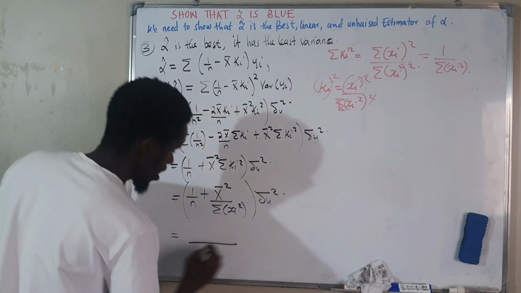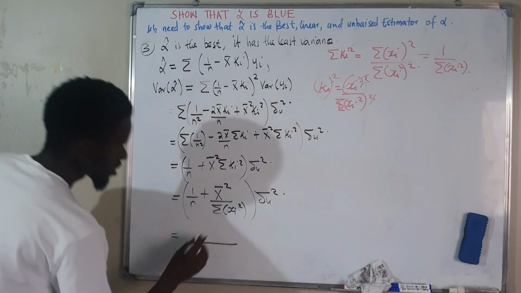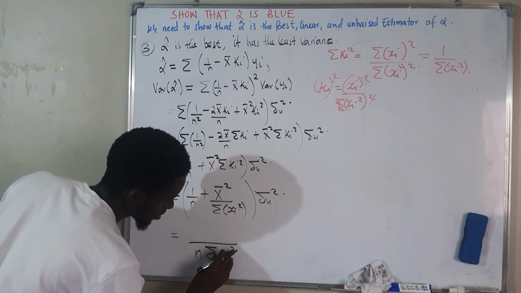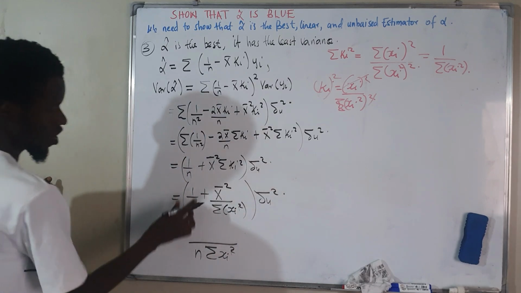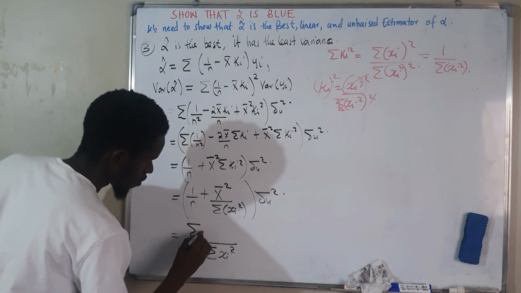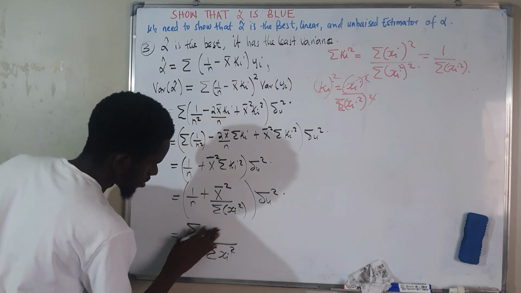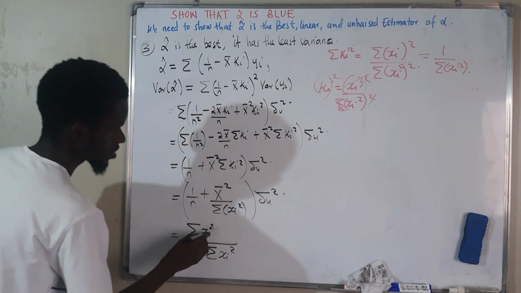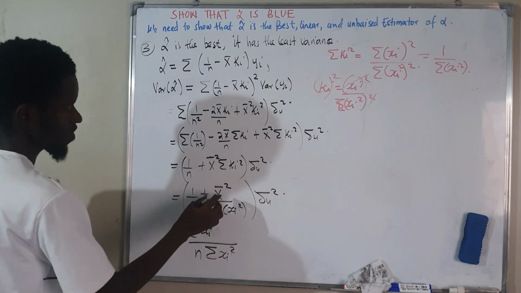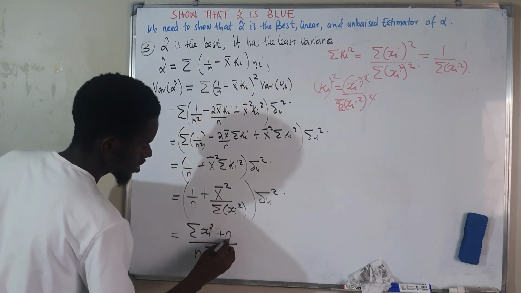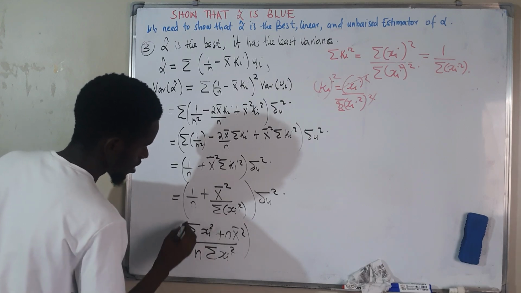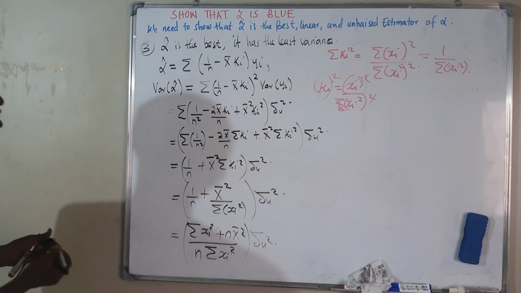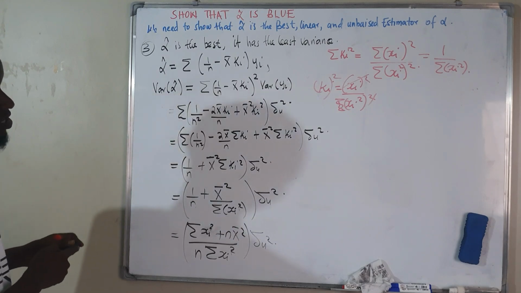If I get the LCM, it is n summation of xi squared. Now if I divide, I have here summation of xi squared, plus n x bar squared, and then this is times sigma u squared.